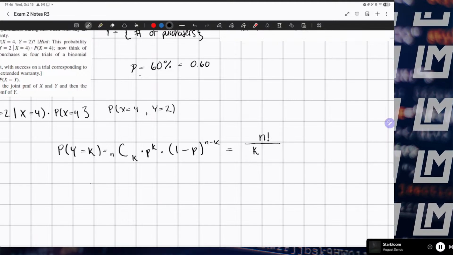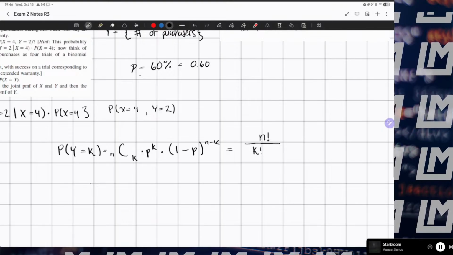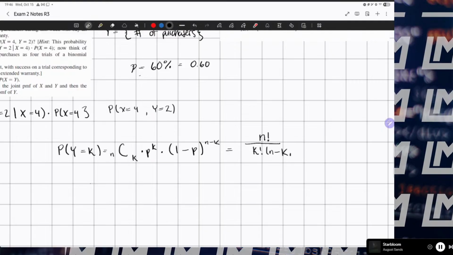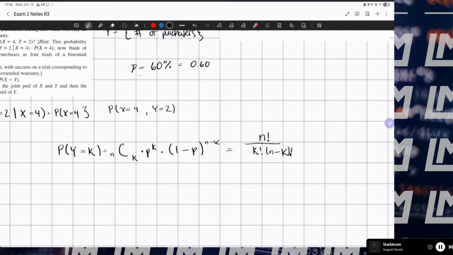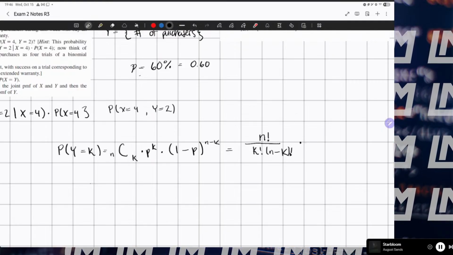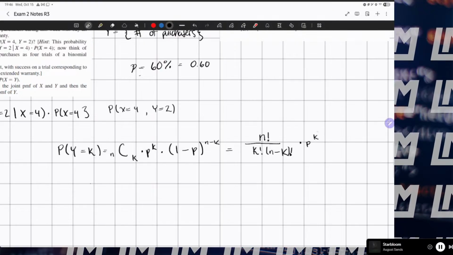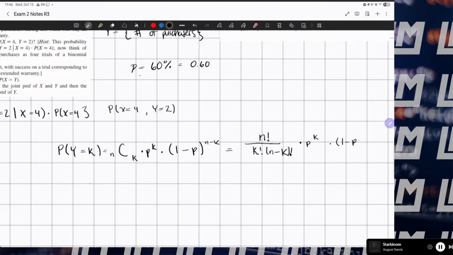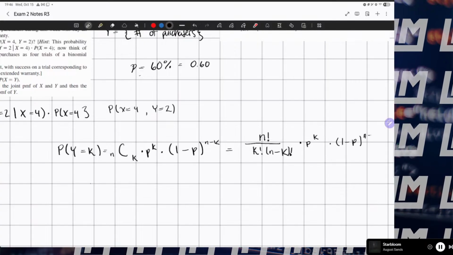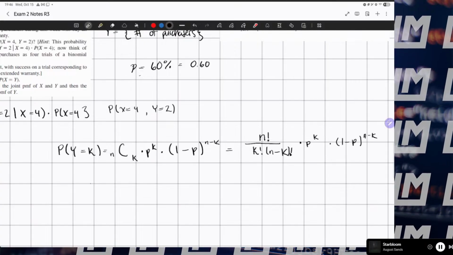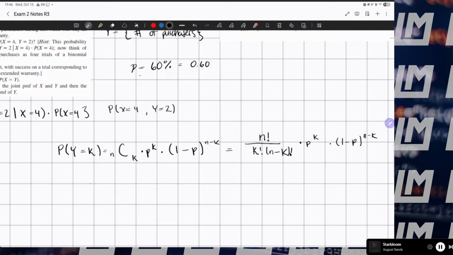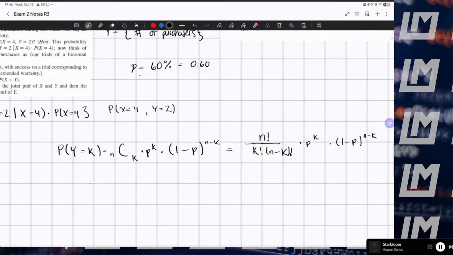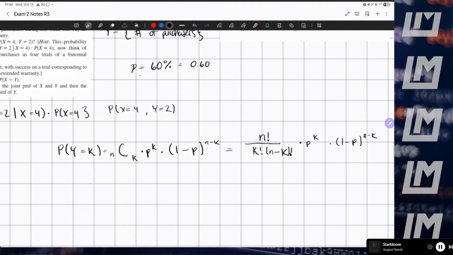So this is k, n minus k, which is the combination, times p to the power of k times q, which is 1 minus p, to the power of n minus k. This is in the formula sheet I sent you.